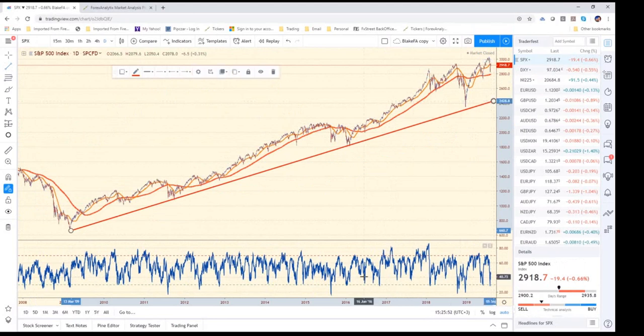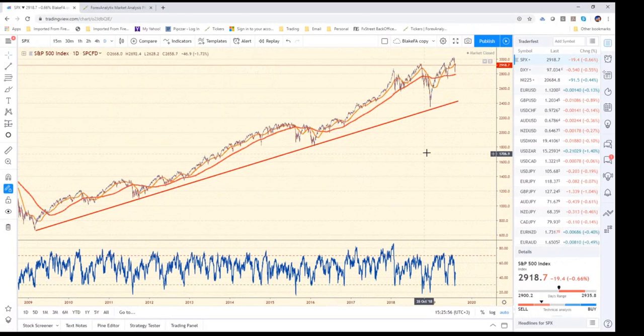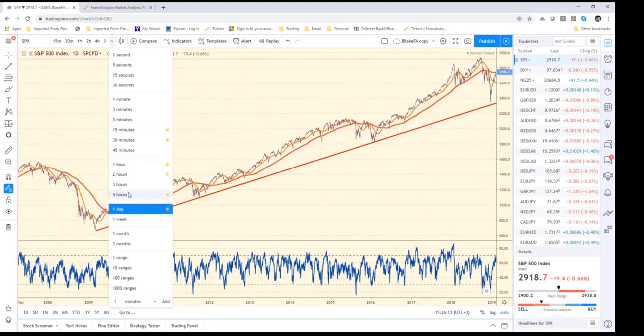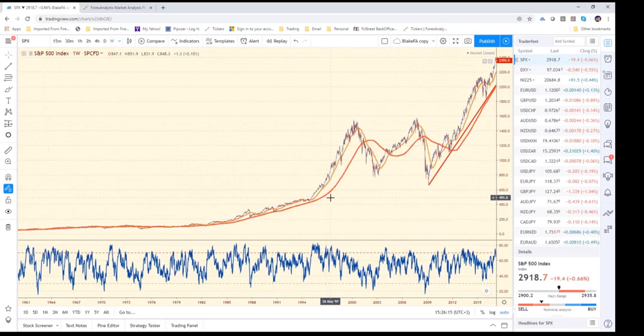Okay, so here we have the S&P, that long-term trend line, and you can argue that we may be going higher. We may have peaked. I personally think the risk is starting to build that we may have peaked in the market. And really, technically, let's go over to the weekly chart really fast with the S&P.